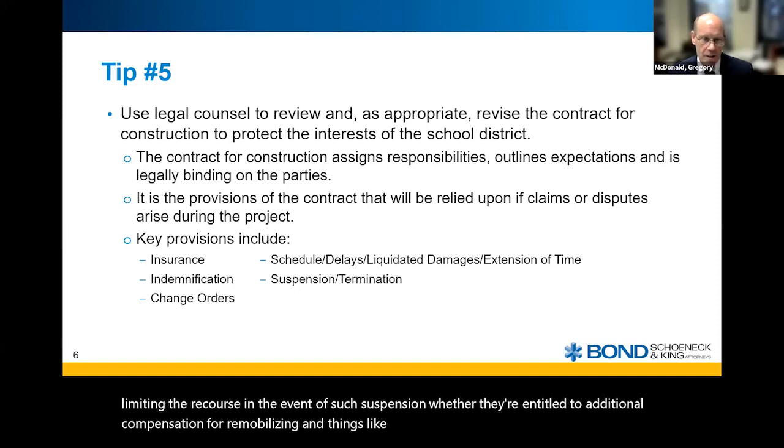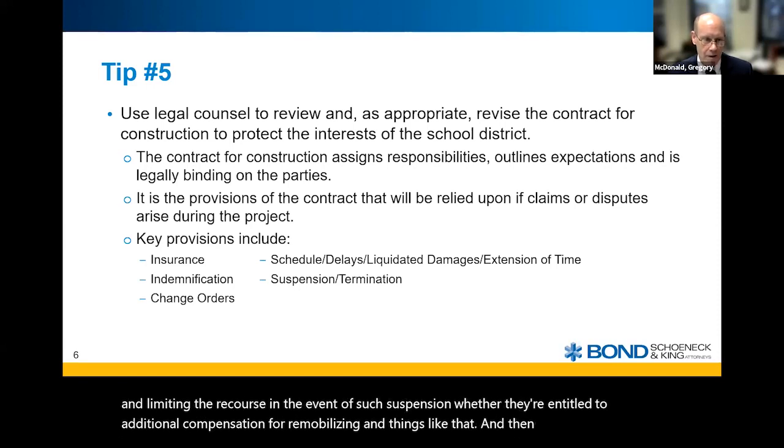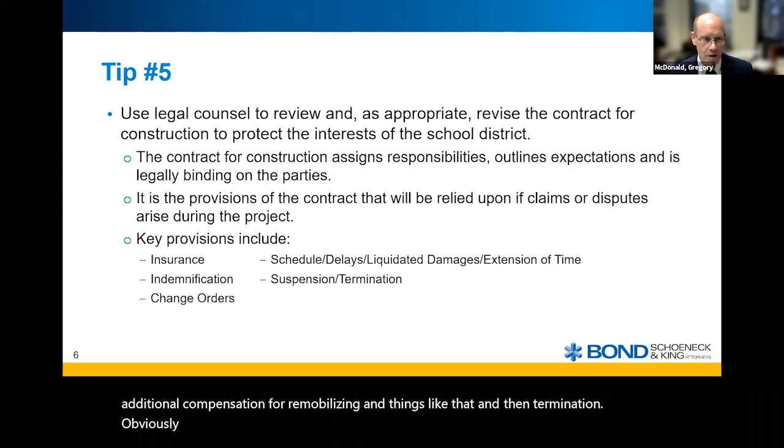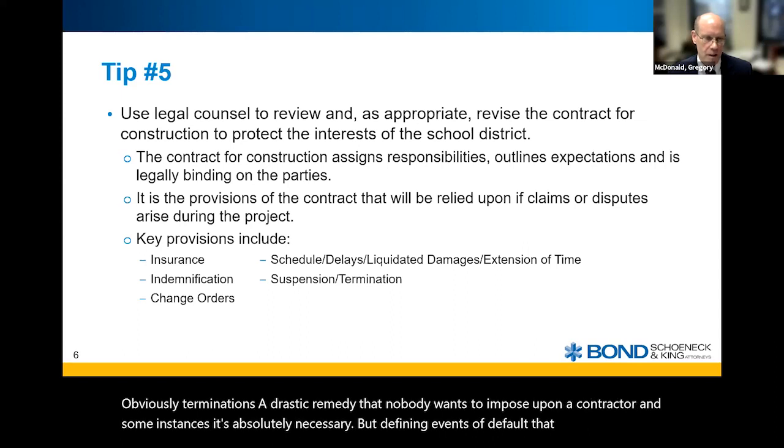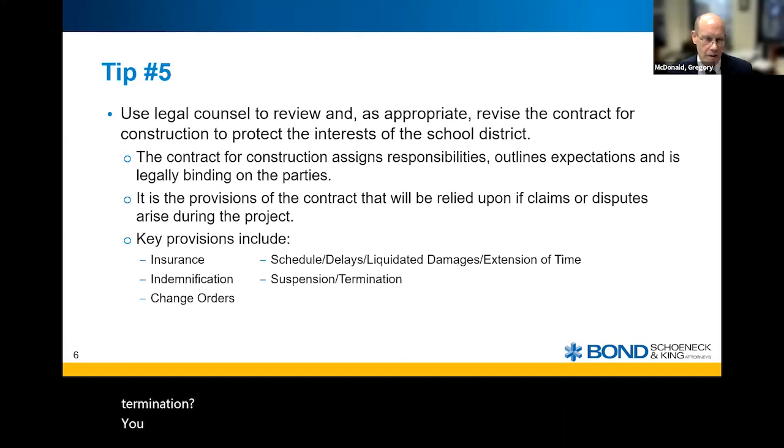And then termination. Obviously, termination is a drastic remedy that nobody wants to impose upon a contractor. In some instances, it's absolutely necessary. But defining events of default that qualify for termination can be important.